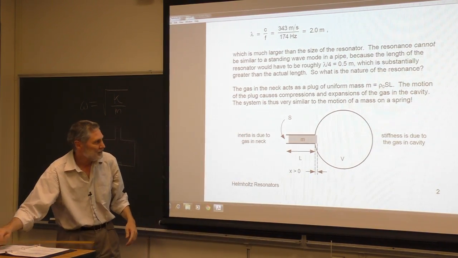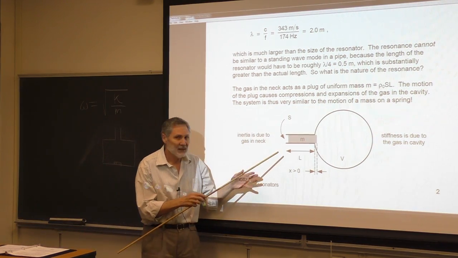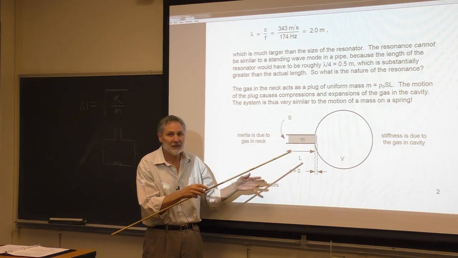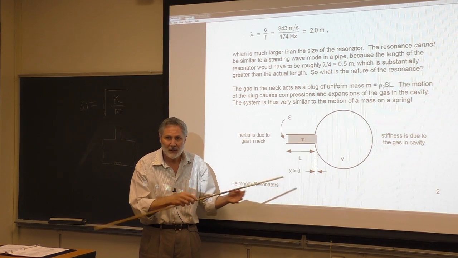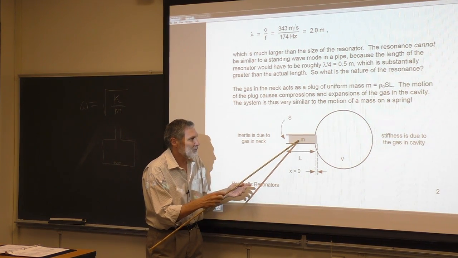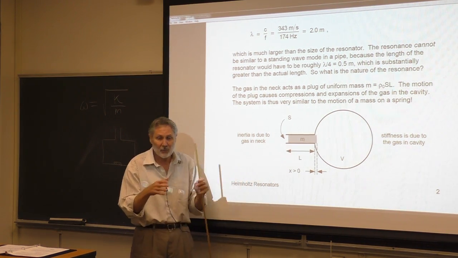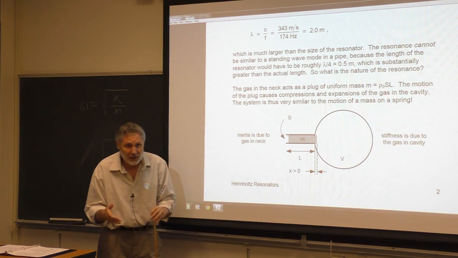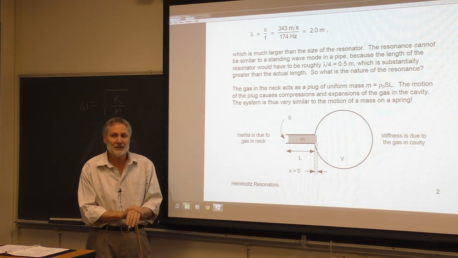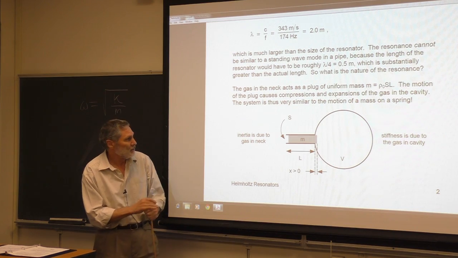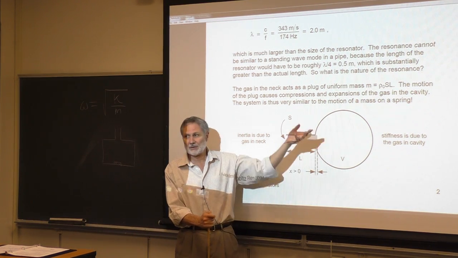Now, you can use that idea to go through the calculation. Because the plug of mass is the same here in our calculation as it is in the more proper one, it turns out they're equivalent calculations. I've done this. So this calculation has led us pretty quickly to an answer.